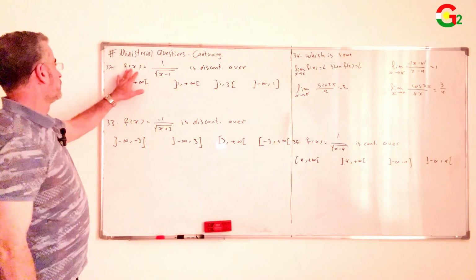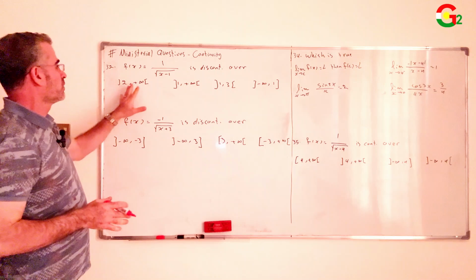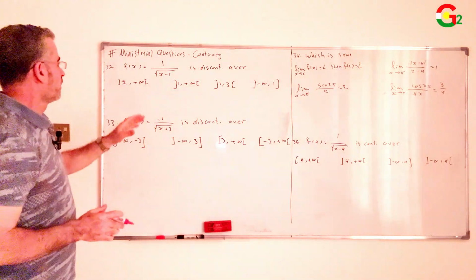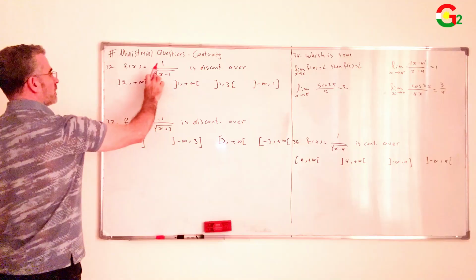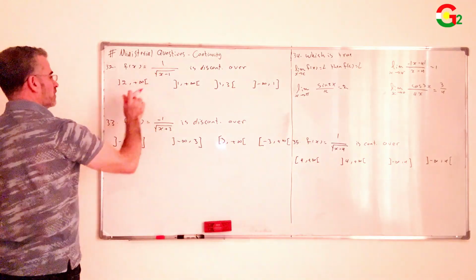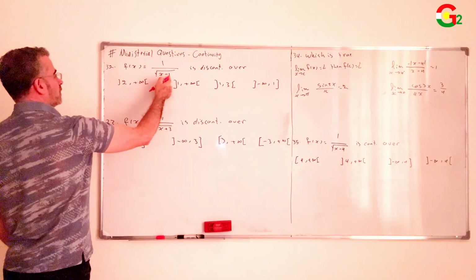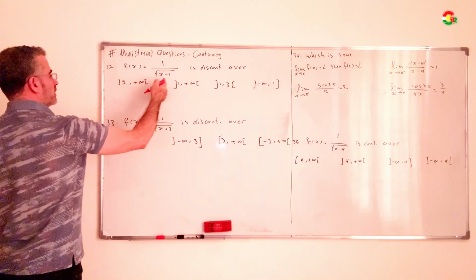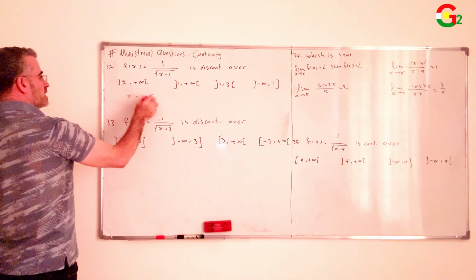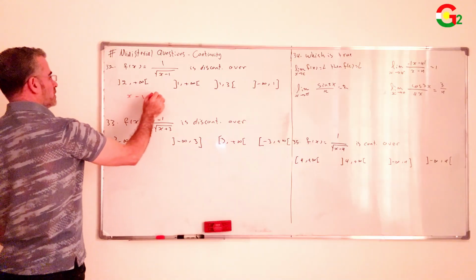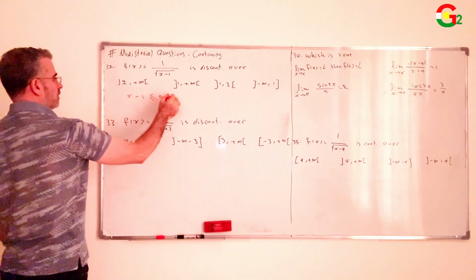Question number 32. F of x equals 1 over square root of x minus 1 is discontinuous over which of the following intervals? Discontinuous means I want to find the interval that is the reverse of the domain. The domain is x minus 1 greater than 0, and the reverse is x minus 1 less than or equal to 0, since the root is in the denominator.